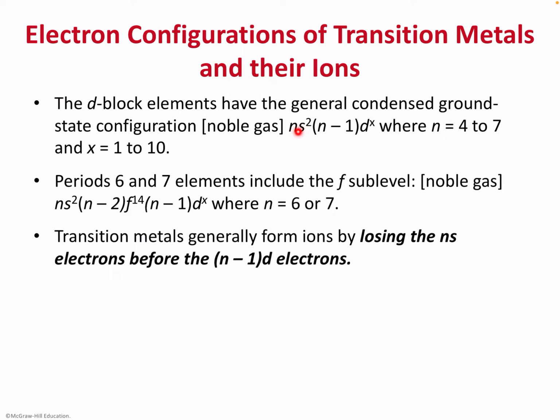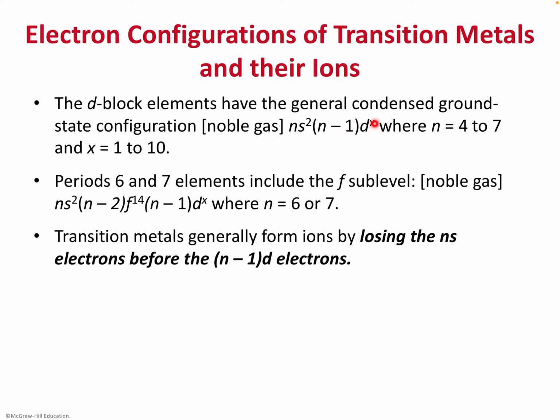S always follows the main period number. Remember we have 7 periods in your periodic table. So s would be directly next to the period number, ns2. When the d electrons are going to fill up, that's going to be n minus 1. For example, if the s value here is 5s2, your n minus 1 would be 4d.